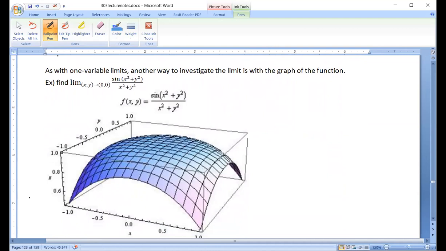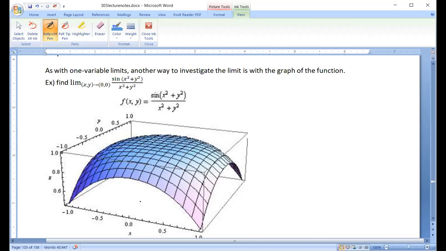So once again, limit as (x, y) goes to (0, 0) of sine of x squared plus y squared over x squared plus y squared. So here is the graph of that function. It may not be super obvious, so just take a look to familiarize yourself. x equals 0 is in the middle, y equals 0 is in the middle, and the range of values depicted on this graph, on the bottom you have z equals -1, on the top you have z equals 1.